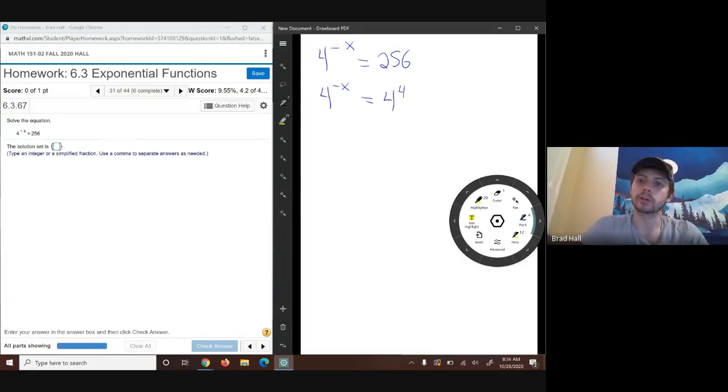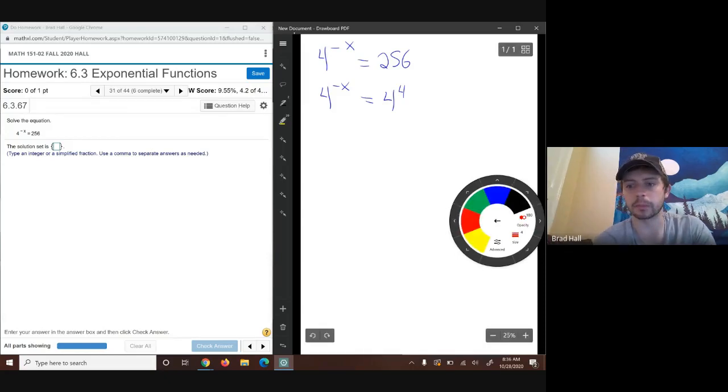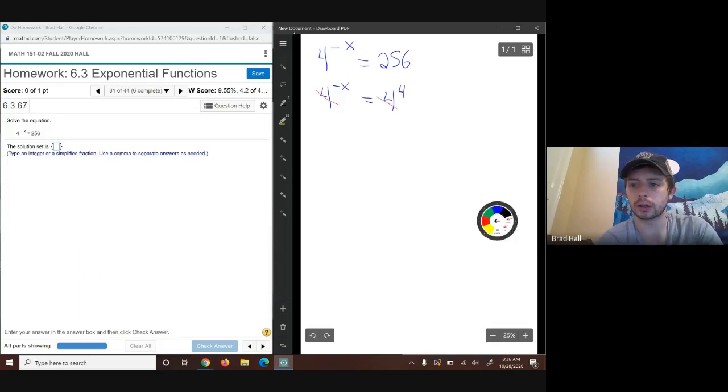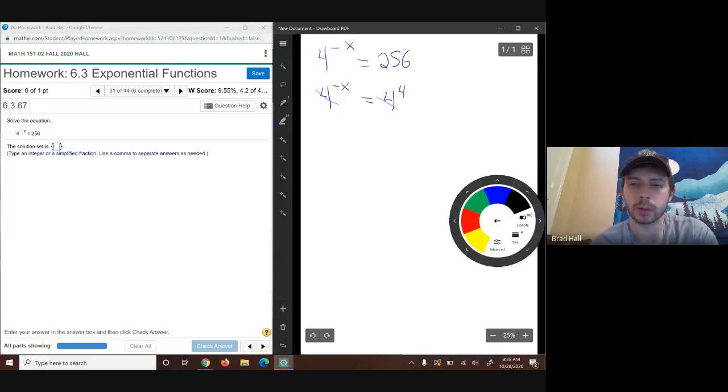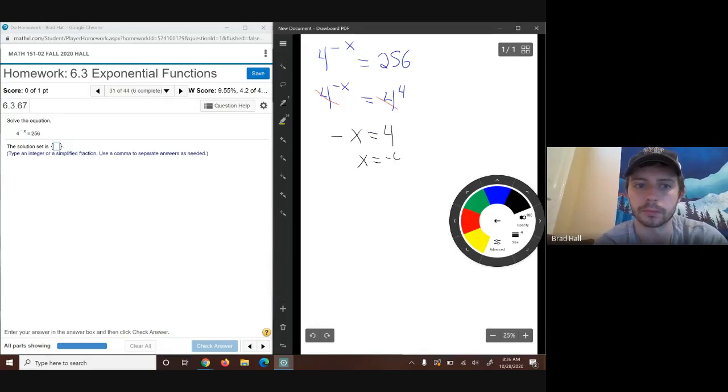The reason I do that is, now notice the base on both sides of the equal sign is the same. That's exactly why I chose that specific exponent, because 4 raised to the fourth power is 256. And so now, as I mentioned, these bases cancel. And what drops down? It's the exponents. Negative x is equal to 4, or in other words, x is -4.